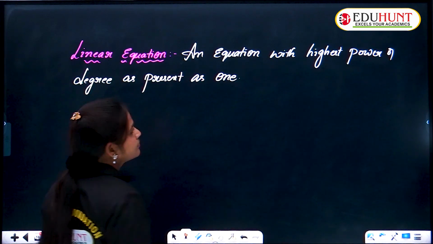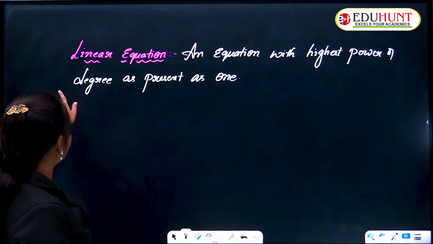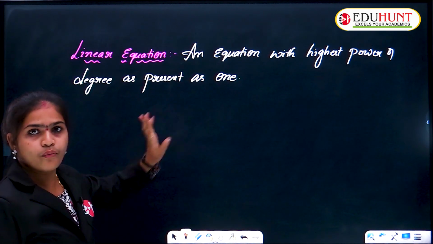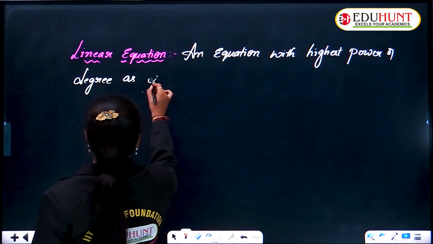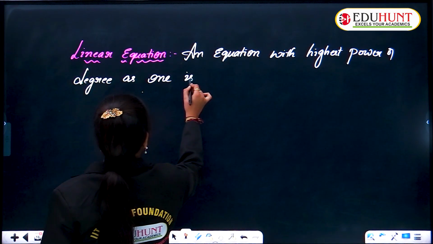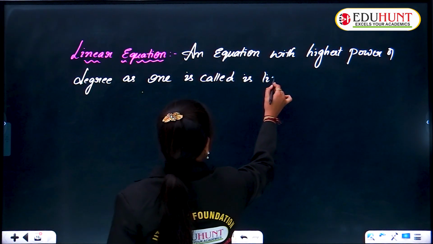An equation with the highest power or degree as 1 is called a linear equation.